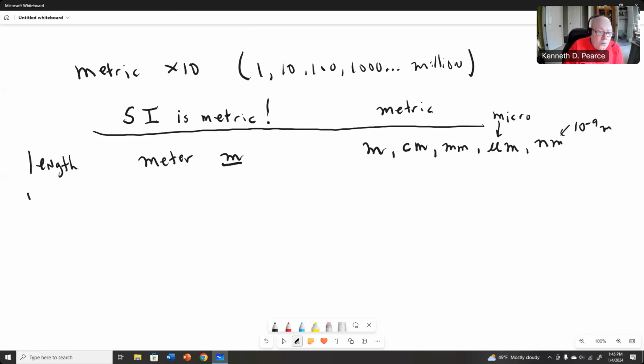Now, for volume, this gets a little tricky, and you have to think about it for a second. Volume is the space occupied. And we have to be very careful because we're going to do something else as far as mass goes.